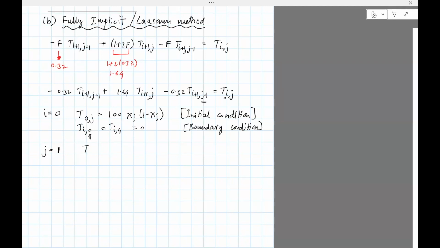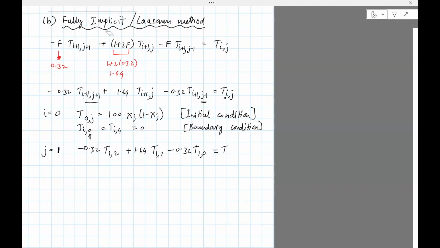Now I'm going to put in i equals 0. So minus 0.32 T(1, 2), since i equals 1, j equals 2, plus 1.64 T(1, 1), minus 0.32 T(1, 0), which is 0, equals T(0, 1).